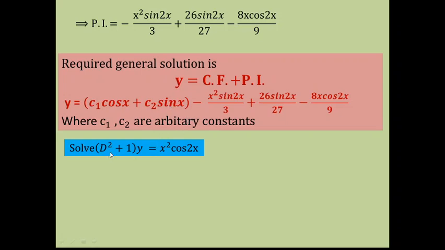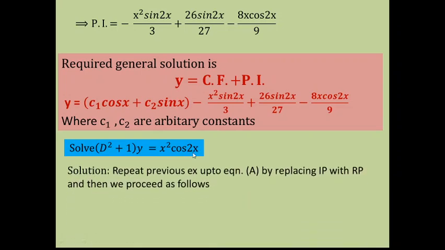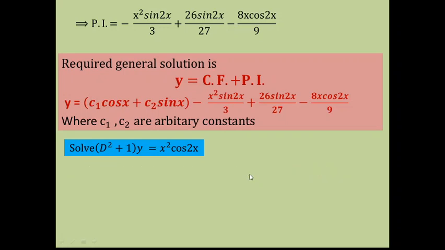Now let's see what if we have cos 2x in place of sine, for example, right? So in this case, in place of sine 2x, as I am having cos 2x, the only change that one has to make here is to replace the imaginary part in the earlier problem with the real part and repeat the previous example as it is up to equation number A. You can see what equation A is.